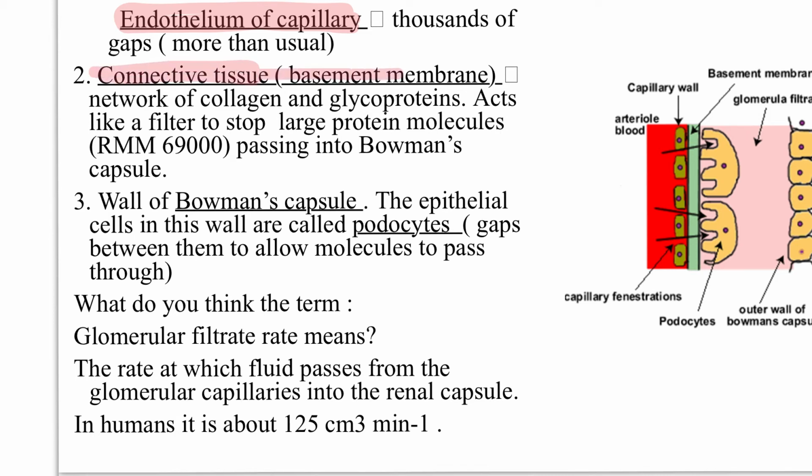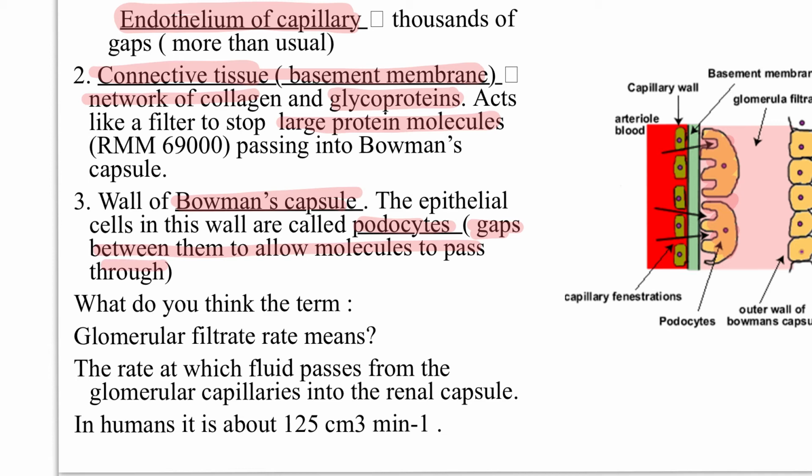This can sometimes be referred to as the basement membrane, which is basically a network of collagen and glycoproteins, and these act like a filter to prevent large protein molecules and blood cells from being able to pass through. And then finally, the inner wall of the Bowman's capsule, these podocyte cells. And it's the gaps between the podocyte cells that allow the molecules to pass through.